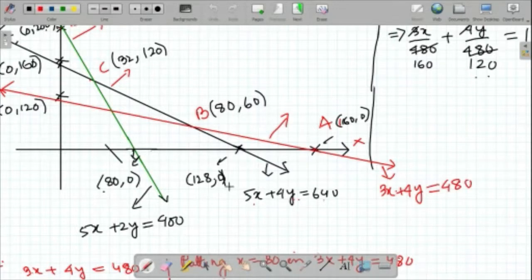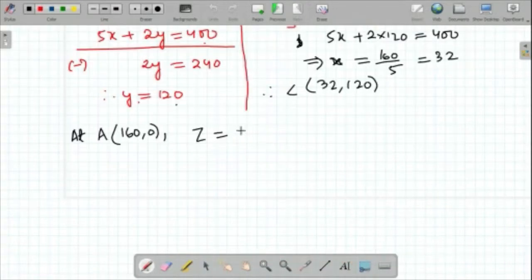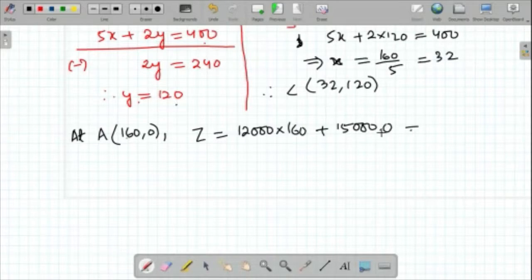Z we know is 12,000 into x, which is 160, plus 15,000 into y, which is 0. So this part will be 0, and this will now be 16 into 12, this will give how much?